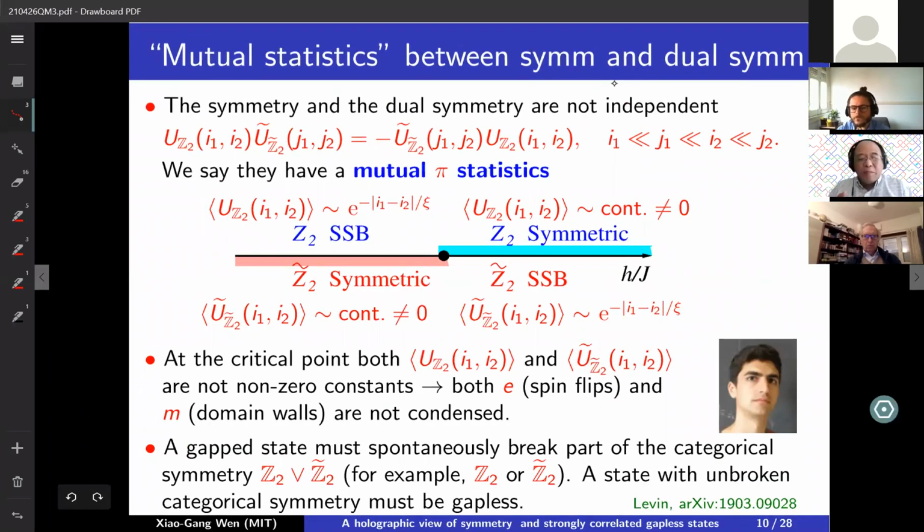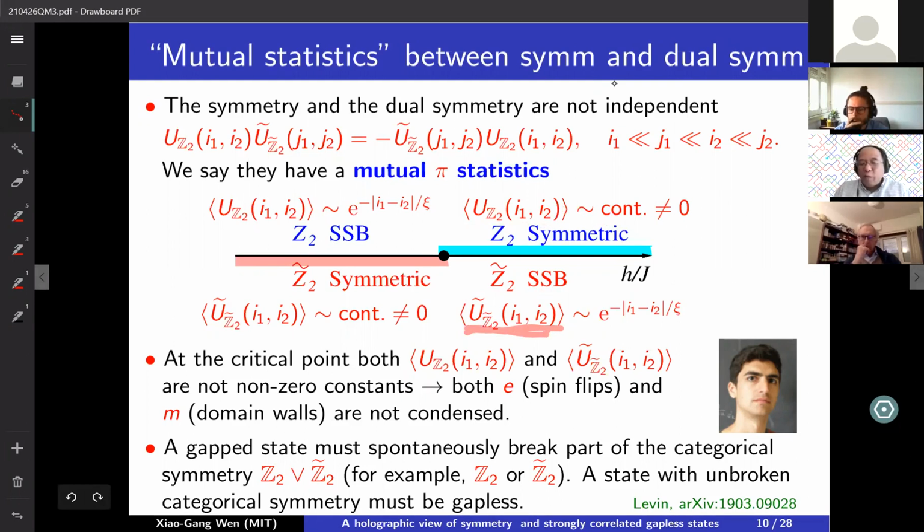In physics, when we say Z2 symmetry breaking, that really means that this charge would be constant. Sorry, let me say that again. We have Z2 tilde symmetry.